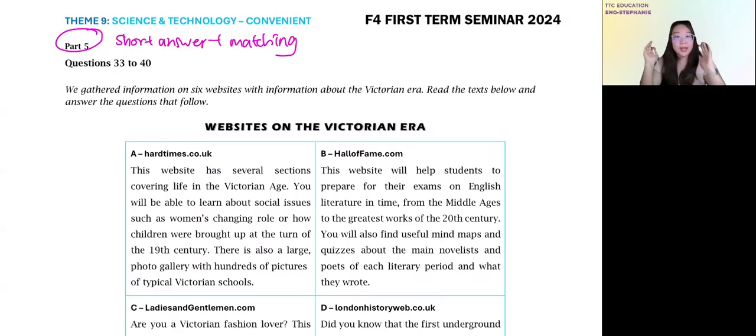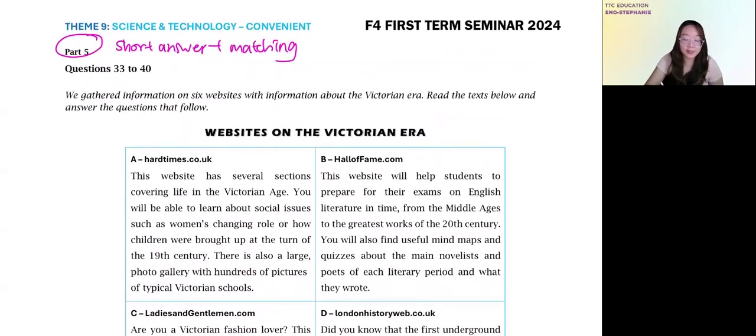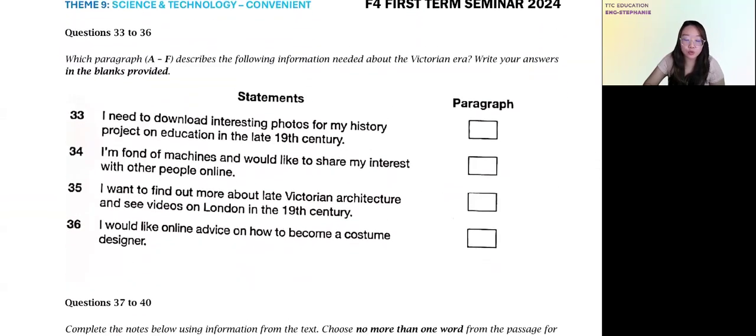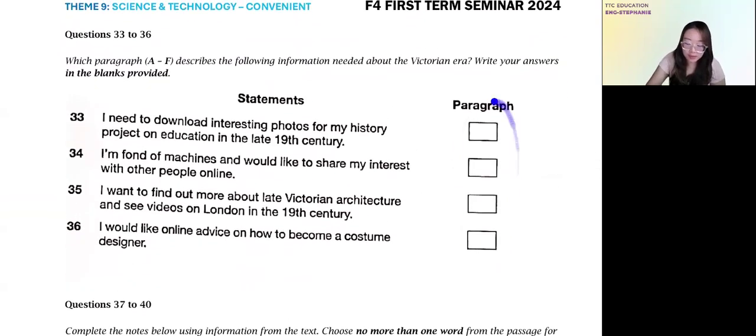Now you will need to answer based on statements. Instead of trying to answer with no more than 3 words or no more than 5 words, you now have statements, and you will need to refer to the statement and see which one is correct. All right, which paragraph is it referring to?